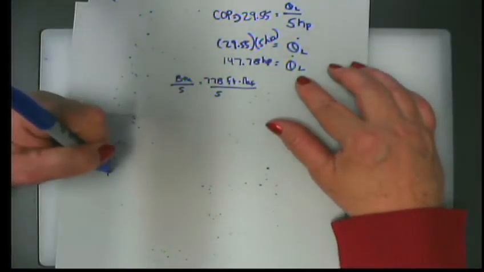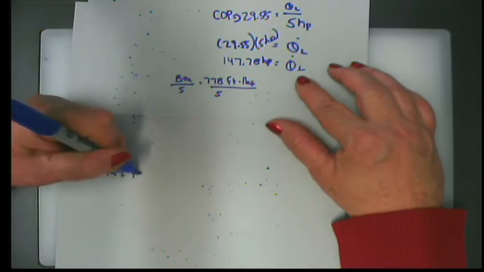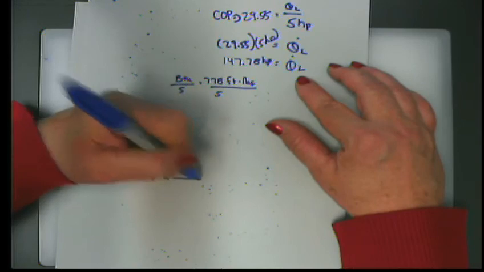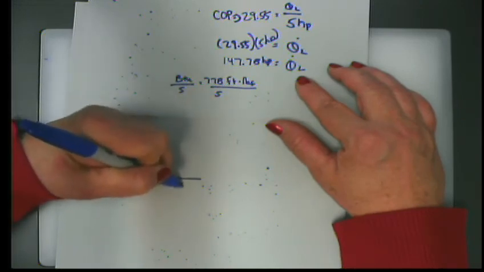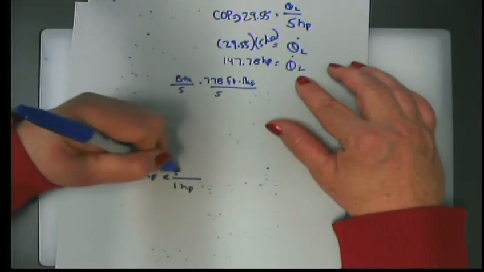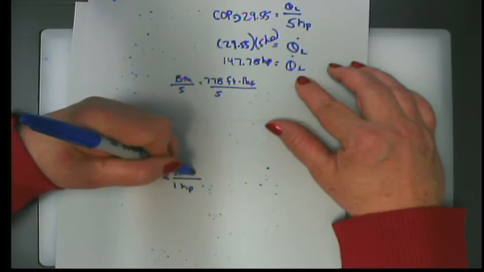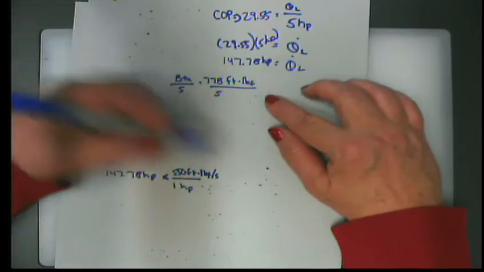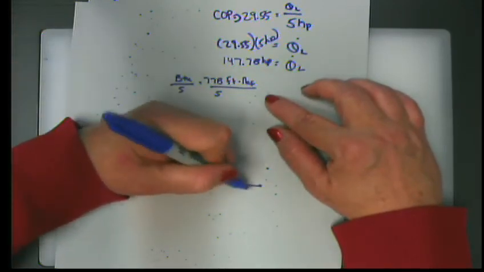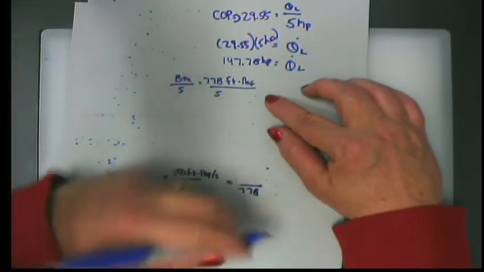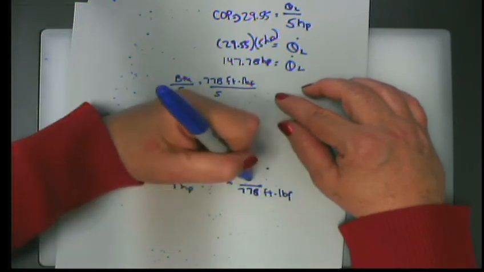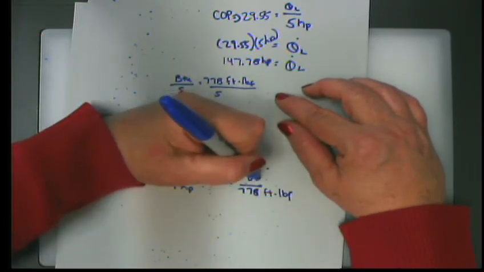So let's go ahead and take our number, 147.78 horsepower, and multiply that by, we know that 1 horsepower is the same as 550 foot-pounds of force per second. And then we further know that 778 foot-pounds of force is equal to 1 BTU.